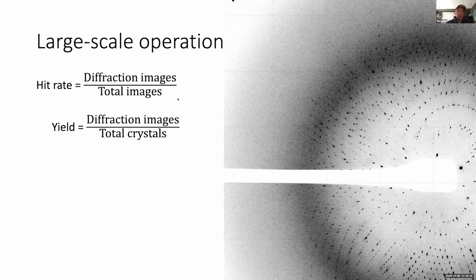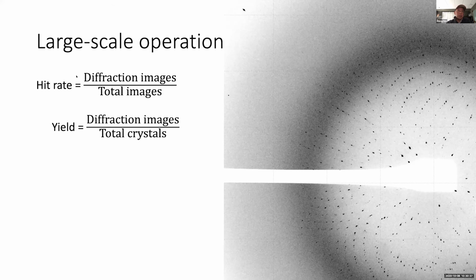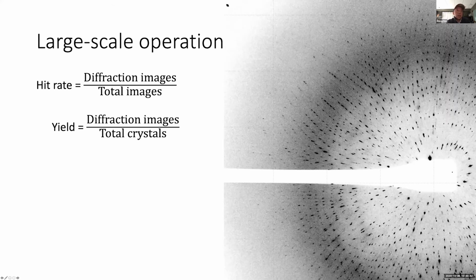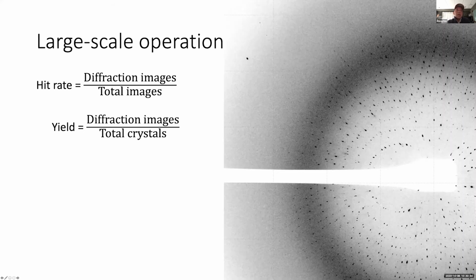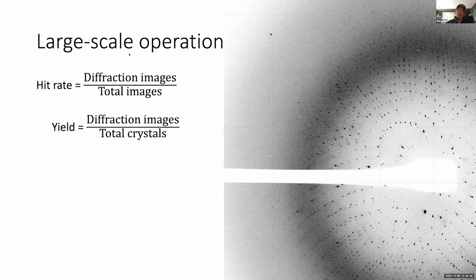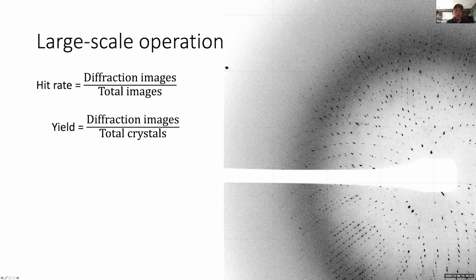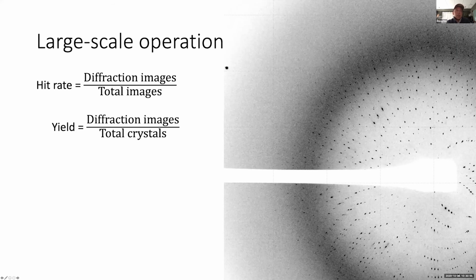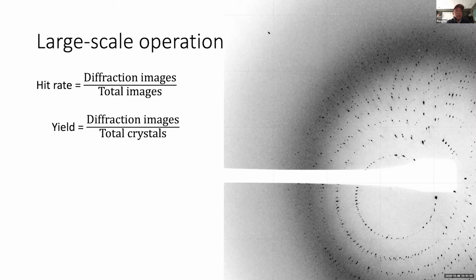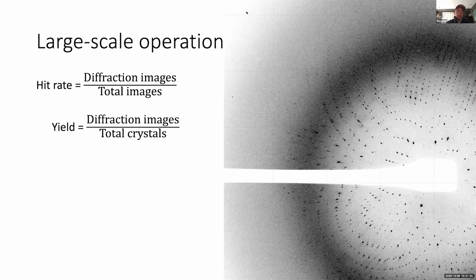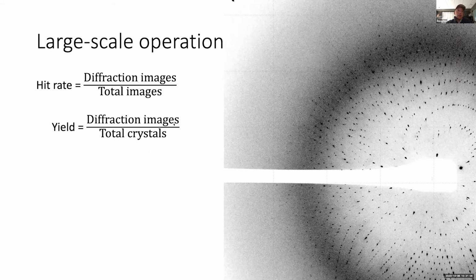So people usually use hit rate to evaluate such a serial protocol, which means out of this many images you take, what's the fraction, what percentage of the images you take actually contain diffraction signal that you can use. We argue that there is another way to evaluate.